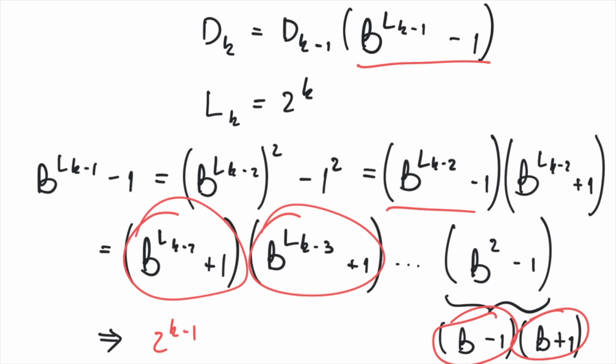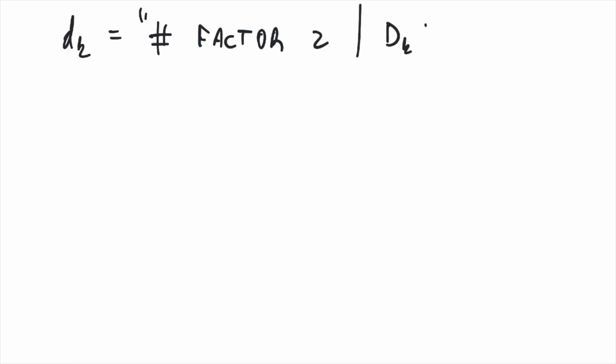So now let's analyze what happens with d_k, for which we have this recursion. Defining d_k with small d as the number of factors of 2 that we know divide d_k, we have that this is d_{k-1}, because we had that term in the recursion, plus the number of factors of 2 that come from b^(l_{k-1}) minus 1, which we just saw was k minus 1. So this is a very simple recursion.